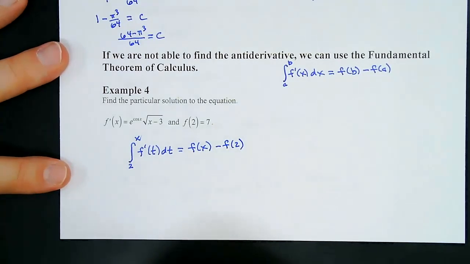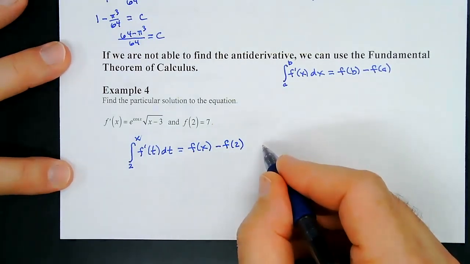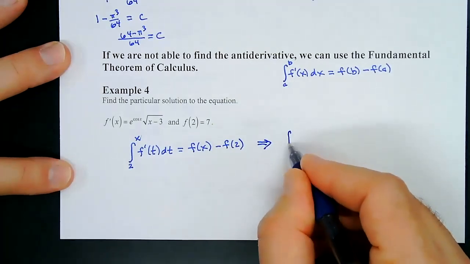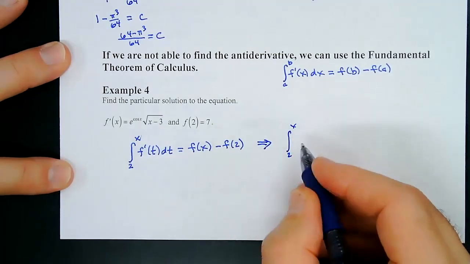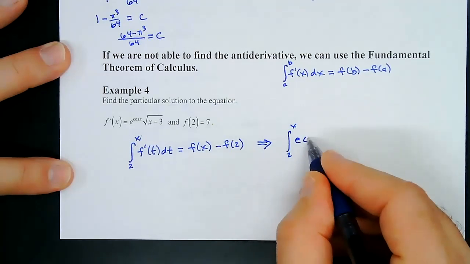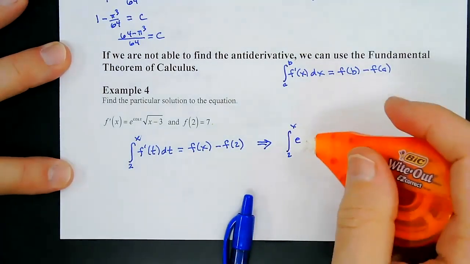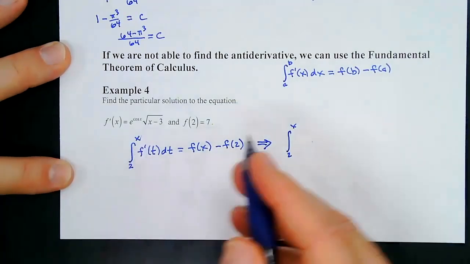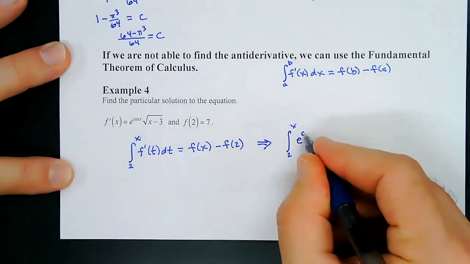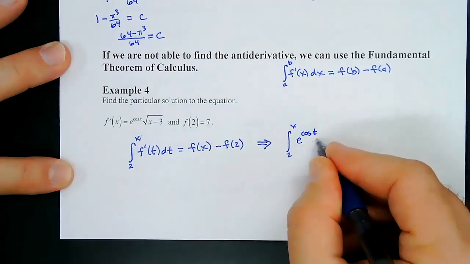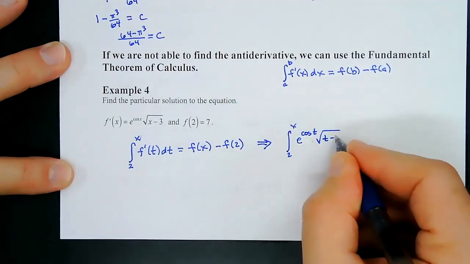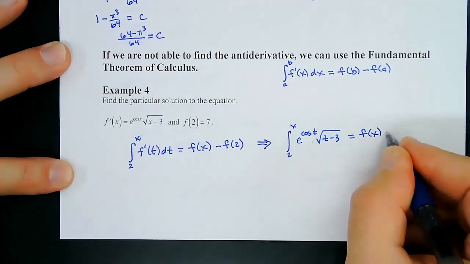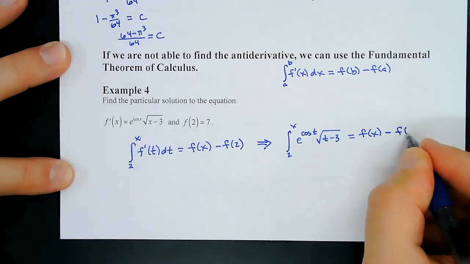Okay. So what does that lead to? Okay. And this leads to us being able to write the integral from 2 to x of e to the cosine of t, I'm just putting t into the function here, e to the cosine of t times the square root of t minus 3, and that has to equal F of x minus F of 2.